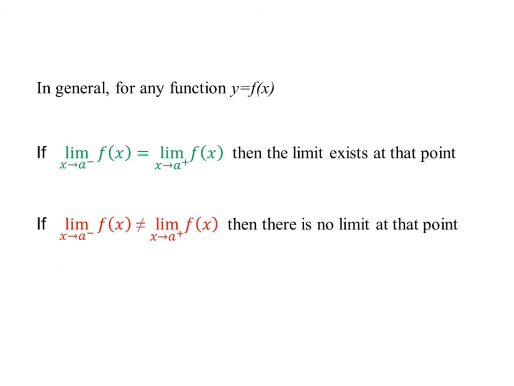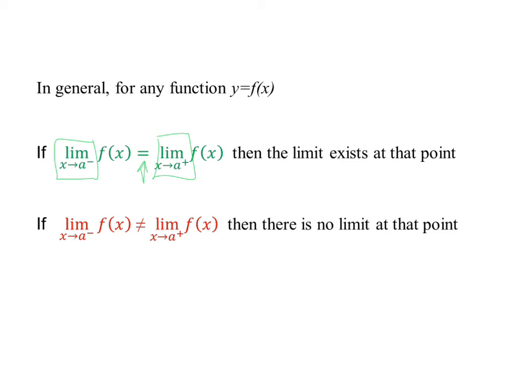Like I was just saying, for any general function, if our left-hand limit, x approaches a from the negative side, equals our right-hand limit, and that's the key thing, if they're equal to each other, then that is the limit.